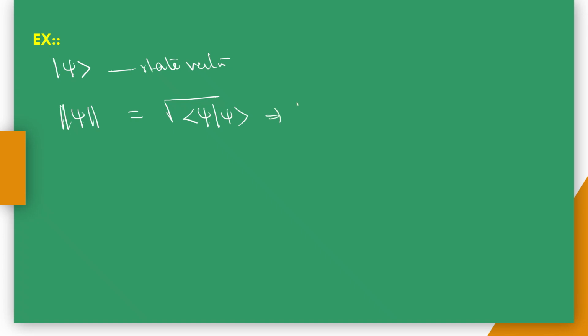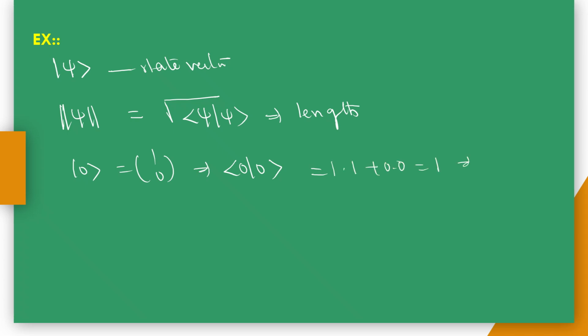This gives the length. It is similar to the vector magnitude measurement in regular geometry. For example, take state 0, which is nothing but (1, 0). Here the inner product of 0 with 0 is 1 into 1 plus 0 into 0, which is 1. The square root of 1 is also 1. Therefore, the norm of the state vector 0 is 1. This follows the condition of normalization.